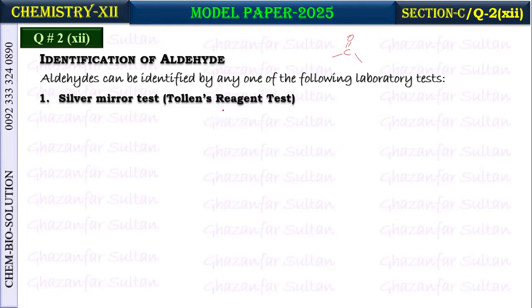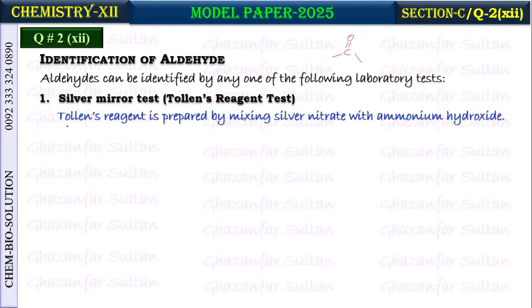The first one is the silver mirror test, or the Tollen's reagent test. Tollen's reagent is a mixture of silver nitrate and ammonium hydroxide, so we say that Tollen's reagent is ammoniacal silver nitrate.